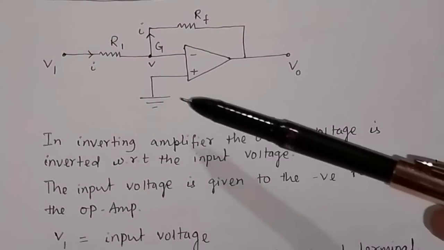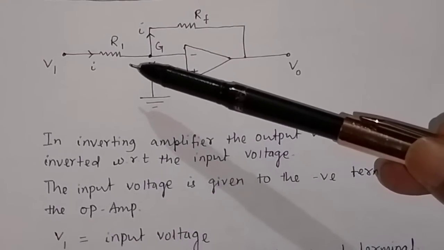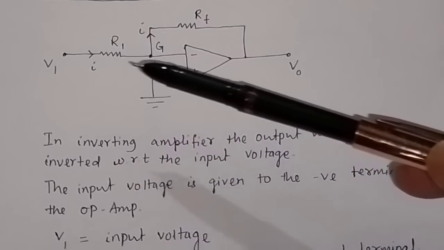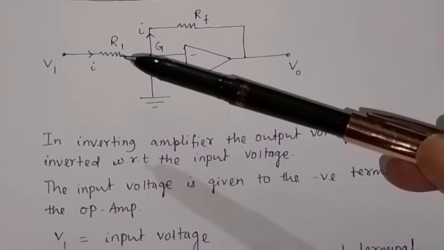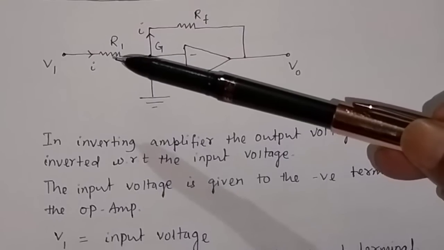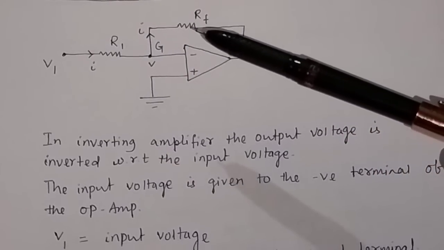What is the current passing through this input resistance? Current is equal to voltage divided by resistance. So the voltage is V1 minus V, the difference in potential, divided by the resistance R1, and that is equal to the current passing through this input resistance. What is the current passing through this feedback resistance?